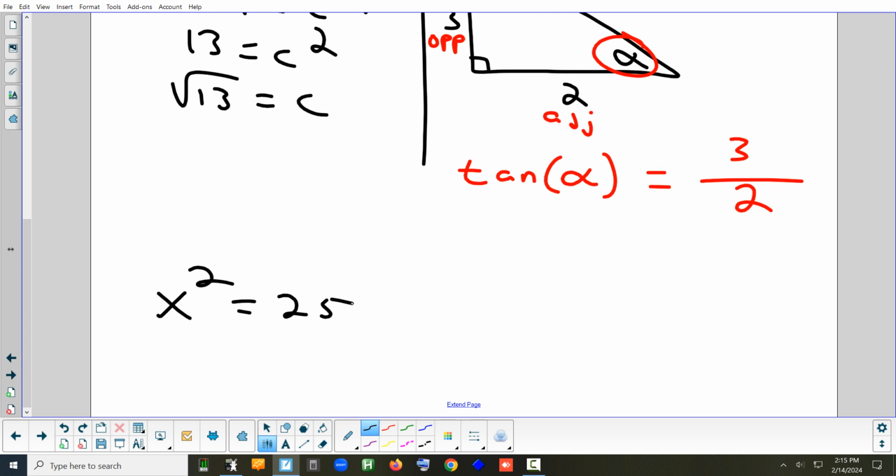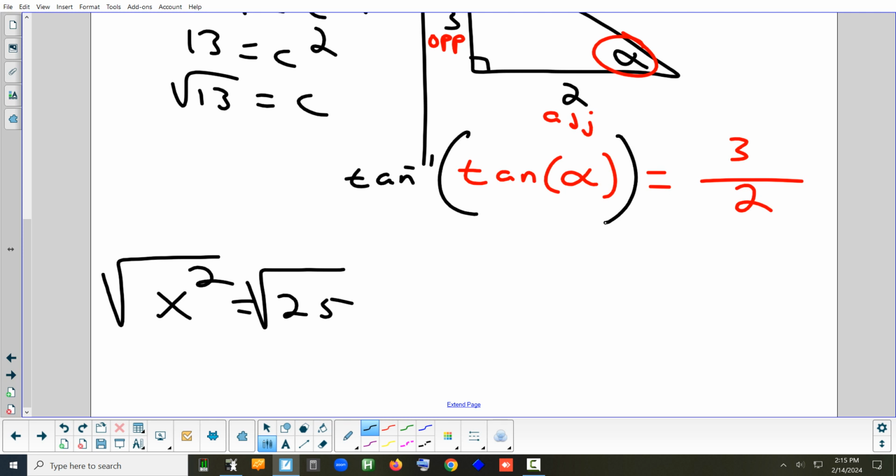So the way you say that is, take the square root of both sides. The way you say this one is, take the inverse tangent on both sides. So take the inverse tangent of everything that's on the left and take the inverse tangent of everything that's on the right.